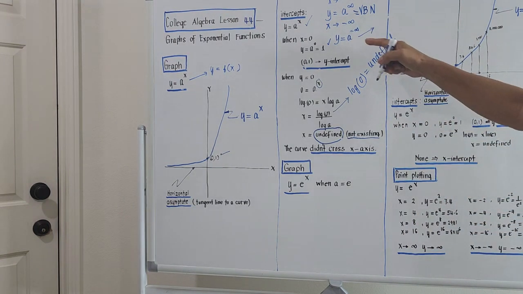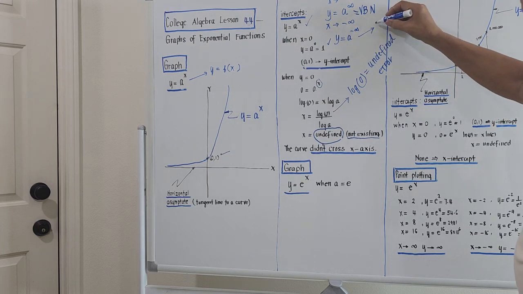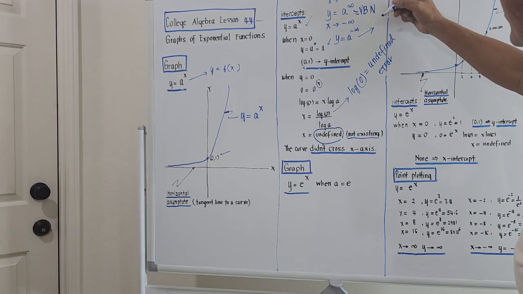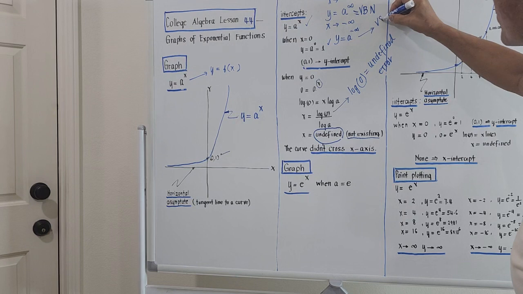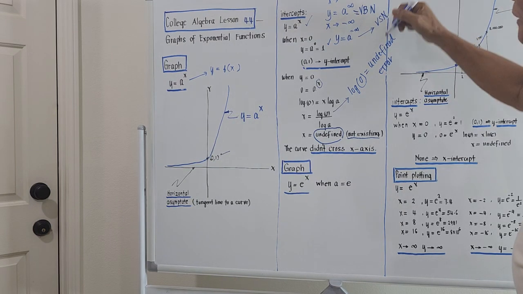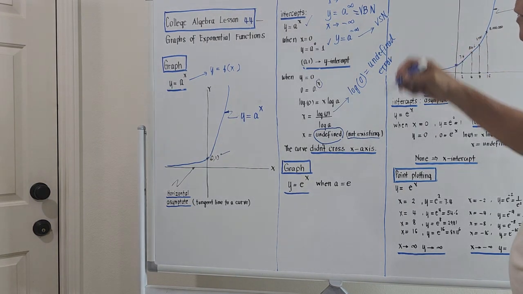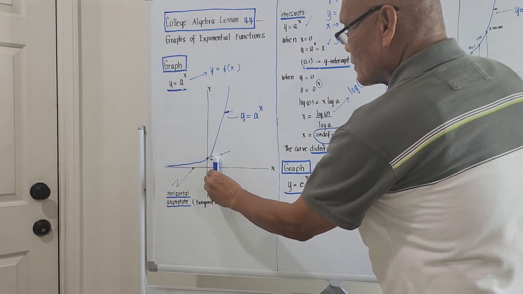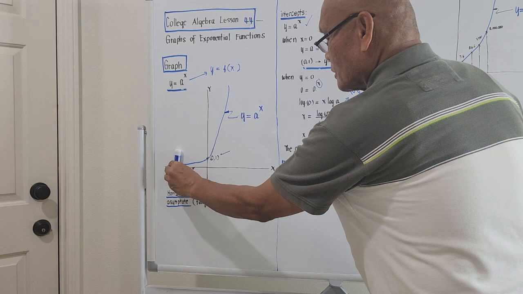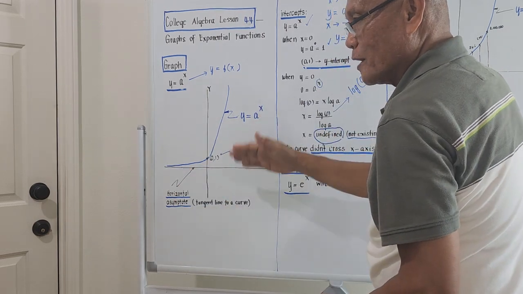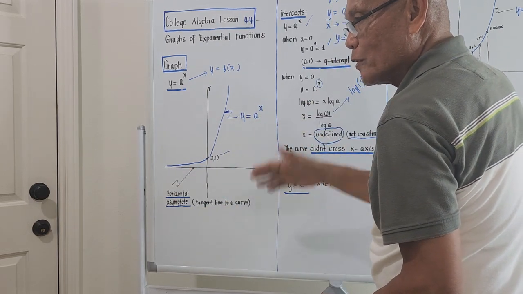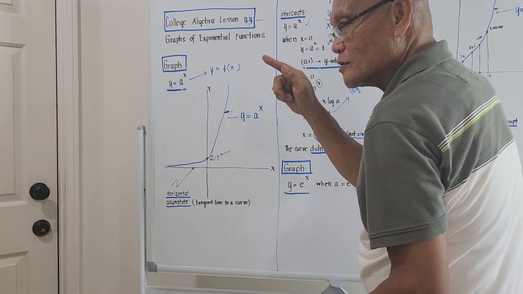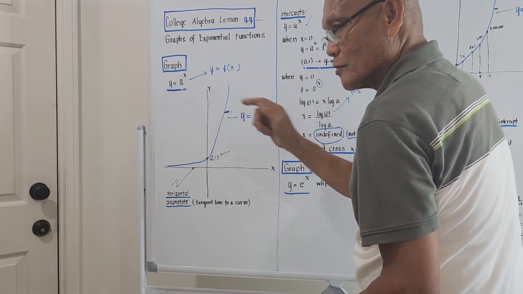A raised to negative infinity is a very, very small number, but it will not approach the value 0. As x moves from 0 to negative 1, negative 2, negative 3, the value of y keeps going smaller and smaller, but it does not reach 0.